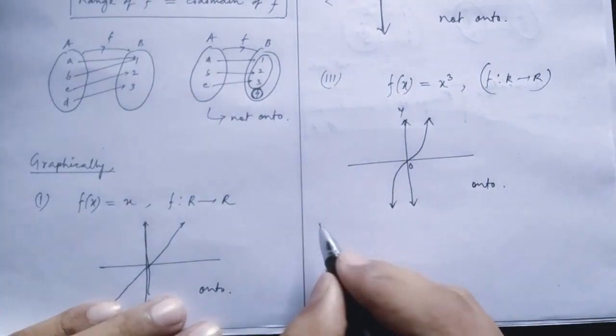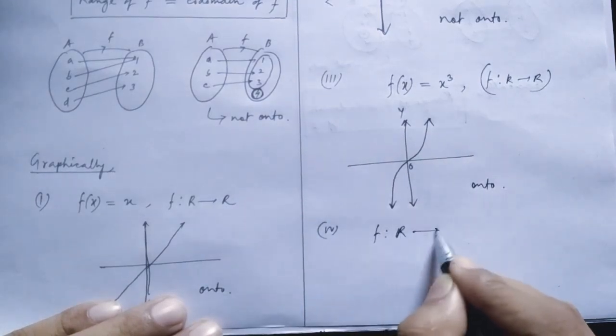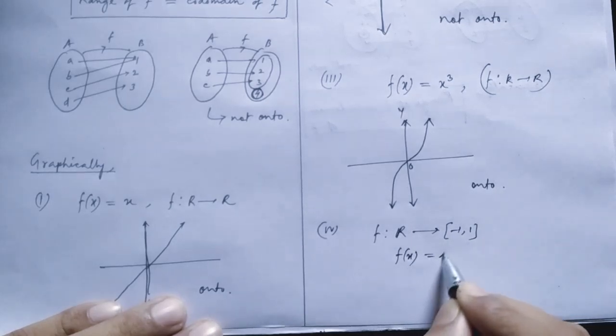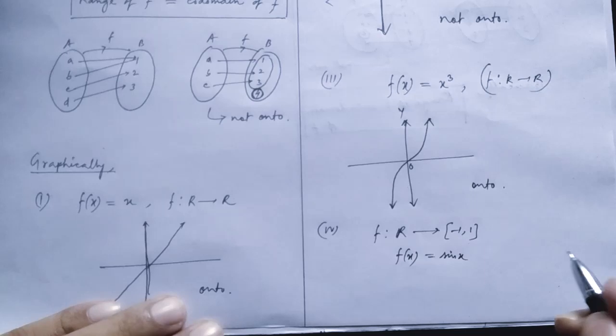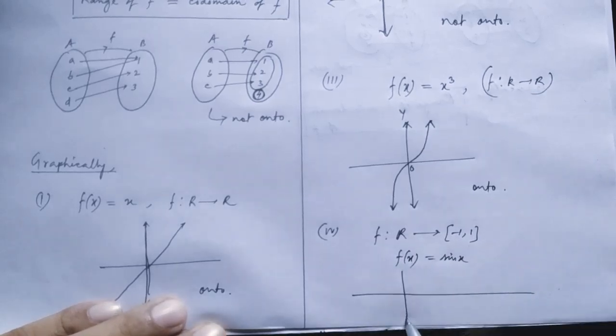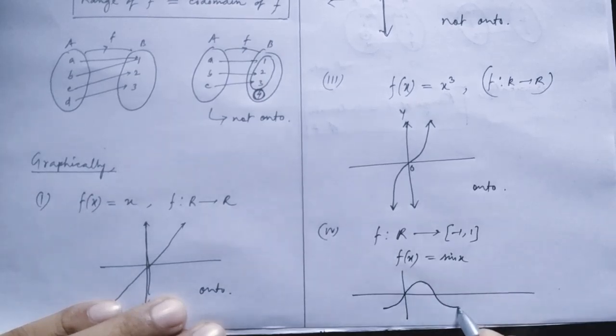Okay, I give another example. Suppose f from R to [-1, 1] and f(x) equal sin x. You already know the graph of the sine function, so this is like this.